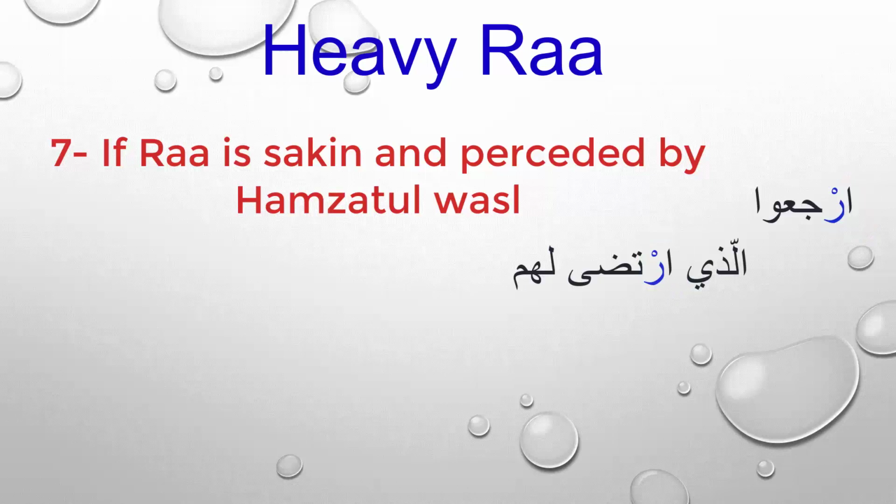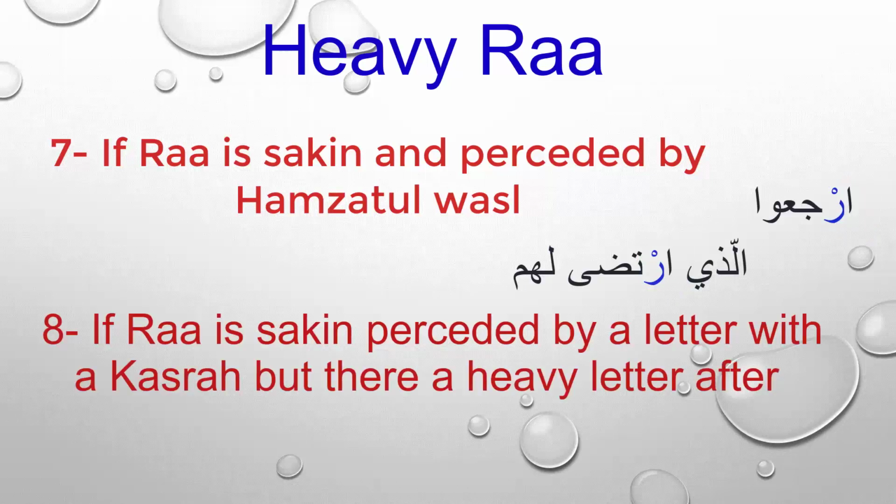And last one, if Ra is a second letter preceded by a letter with a kasra, but the following letter is heavy. The letter that comes after Ra is heavy, so it's gonna be heavy too. Like in the word mirsad. Let's imagine something. Ra is a second letter in the middle. As we said, Sukun couldn't decide if it wanted to be heavy or light. So this second letter looks at the letter before and finds it with kasra. So she said, okay, I'll be light.